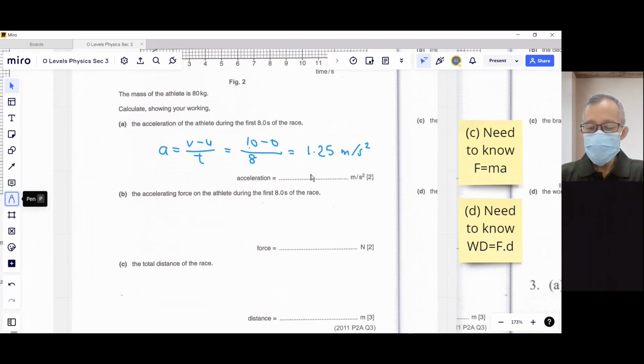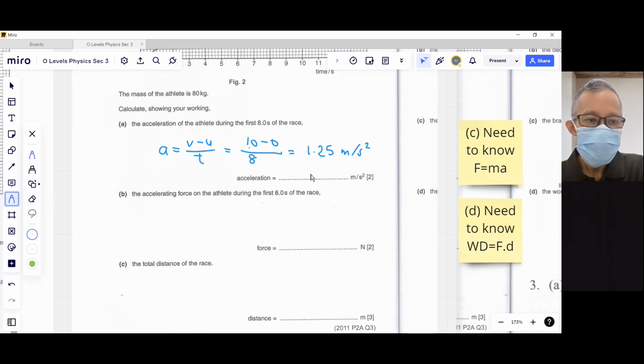Okay, 2B is something that's not covered in your test, but perhaps in a later test. However, it is something I've mentioned and taught already. It's about force. And there's only one formula for force. This one. Try to remember that, it's definitely coming up. So they ask for force.